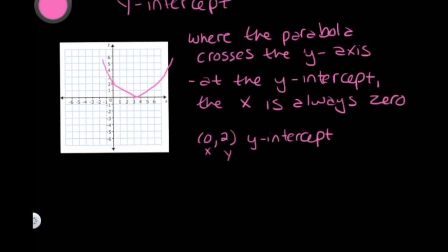I'll do another example on the same graph here. Let's just change the color maybe. So we could have another one. Let's say this parabola looks like this.